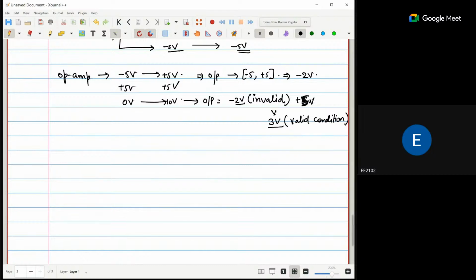Now, how do we get this output voltage as Vout if I create a circuit? This is my plus minus, and this is my Vi. Now, what should I do? I just add the Vout here.